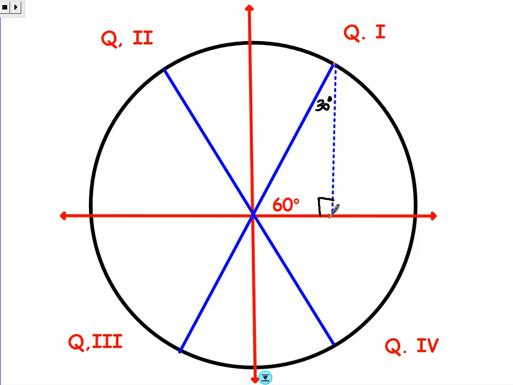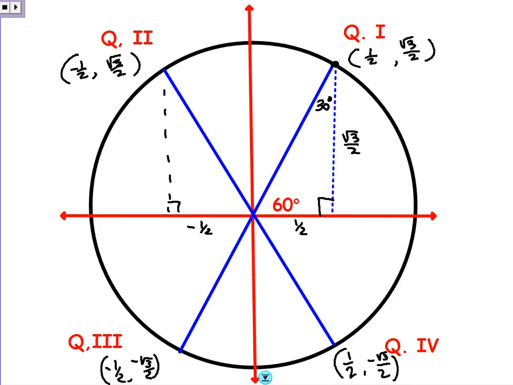So my short side is 1/2. And my long side was what? What was the other coordinate? Root 3 over 2. Good. So this ordered pair would be 1/2 is my x, and root 3 over 2 is my y. Alright, please go ahead and fill in the other 3 coordinates on the unit circle on your paper.